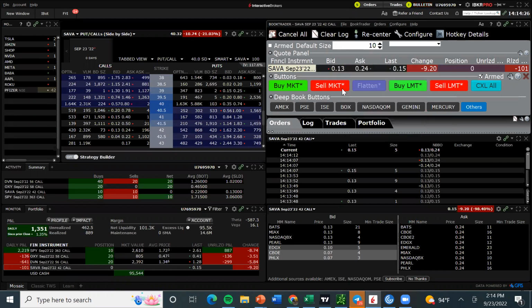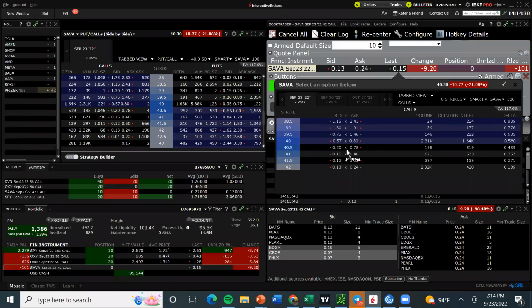Especially theta decay will be so high now. But you are not collecting much money, only $15, $20. If you sell 42 call, there is not much money, so we can just avoid it.